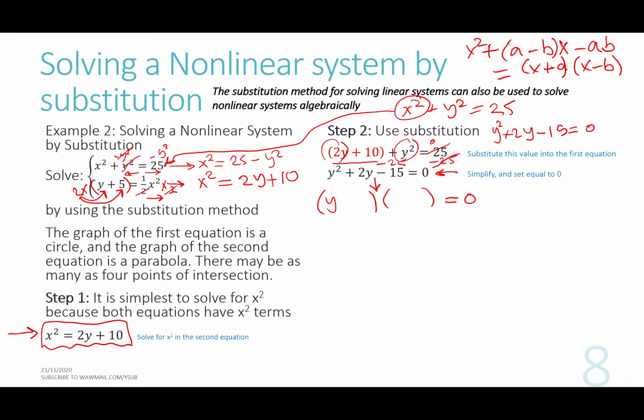So the multiplication of these numbers is minus 15, and the sum of these two numbers is 2.